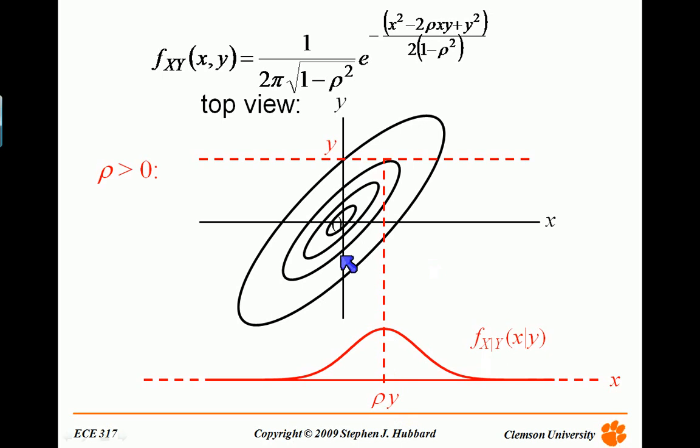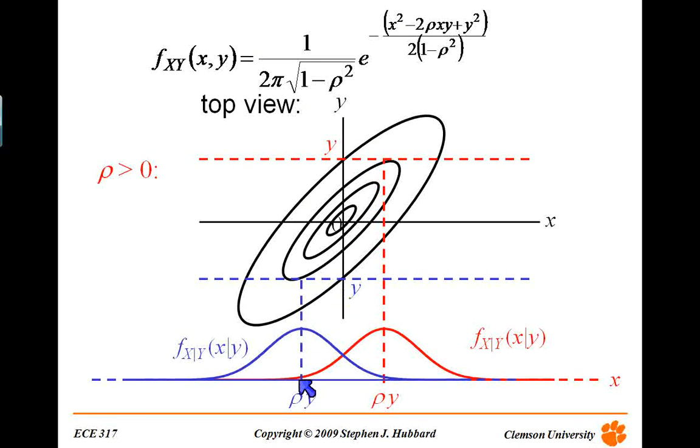By contrast, if we observed a different value of y, like down here, perhaps, and consider taking a cross-section through this surface along this line, notice that the peak would be, again, at rho times y, but y is negative here, so it's going to be over on the negative side of 0, on the left of 0.